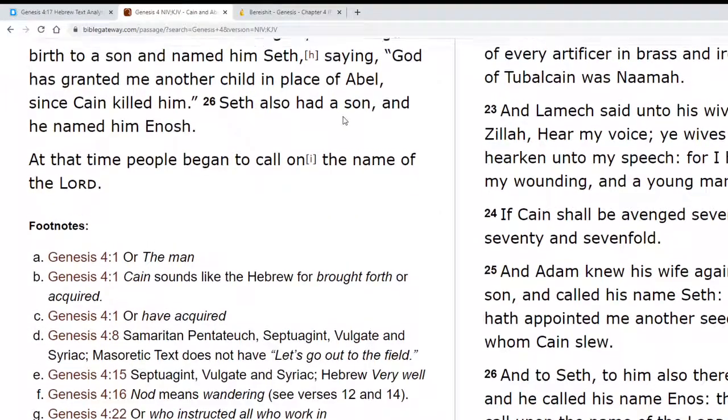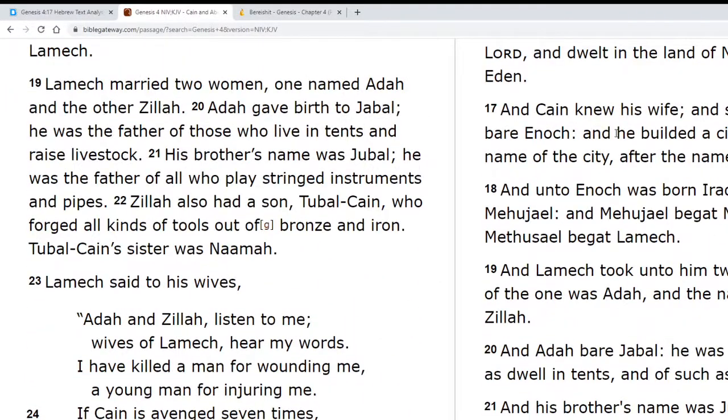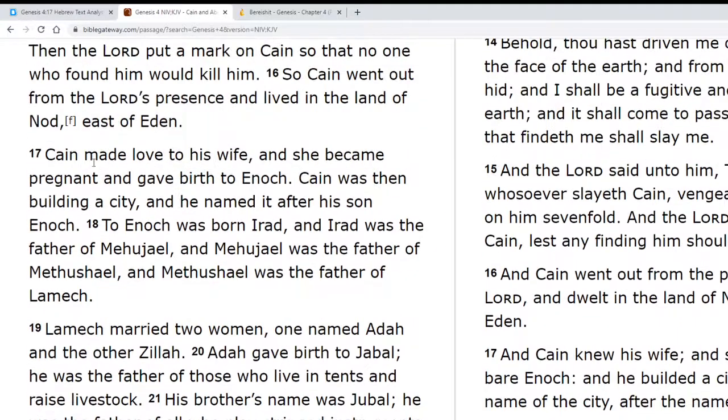Okay, verse 17. And Cain knew his wife, and she conceived, and bare Enoch, and he builded a city, and called the name of the city after the name of his son Enoch. Okay, verse 17. Cain made love, again, they're changing the euphemism, to his wife, and she became pregnant and gave birth to Enoch.